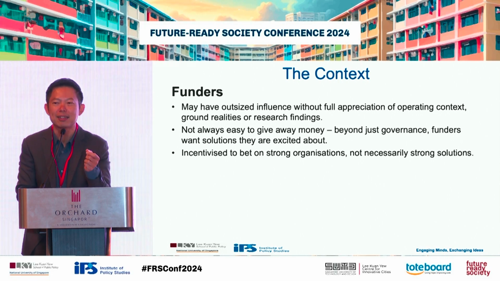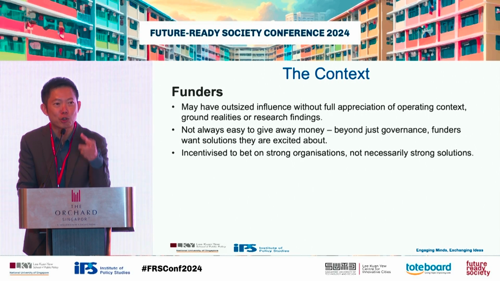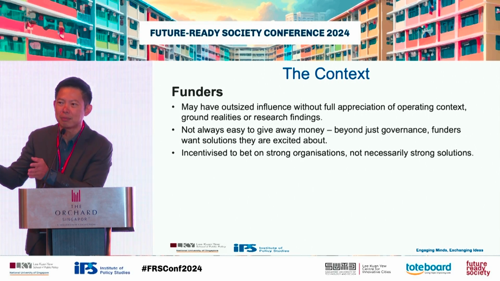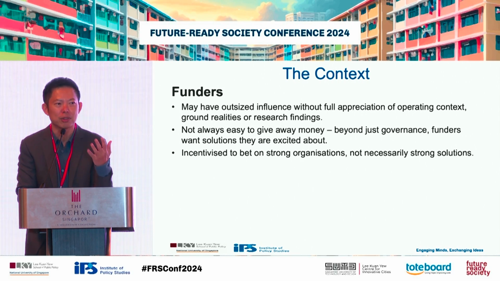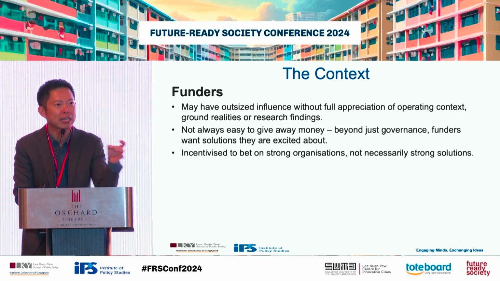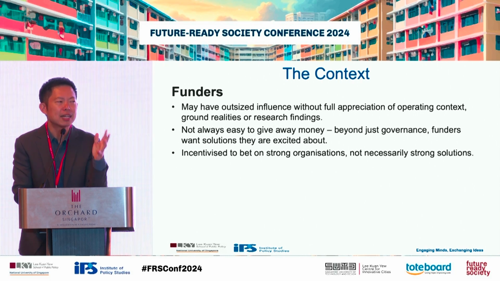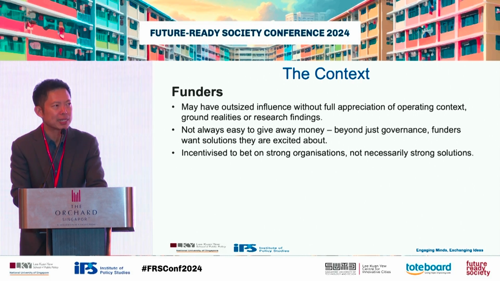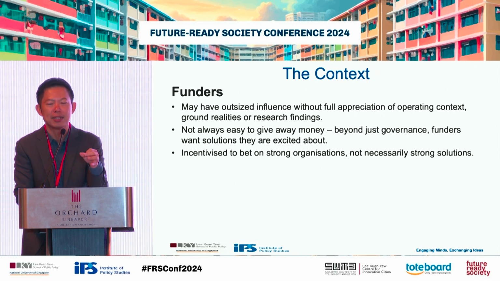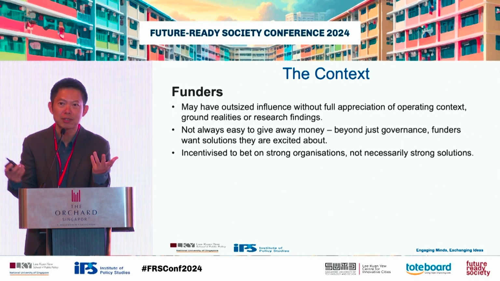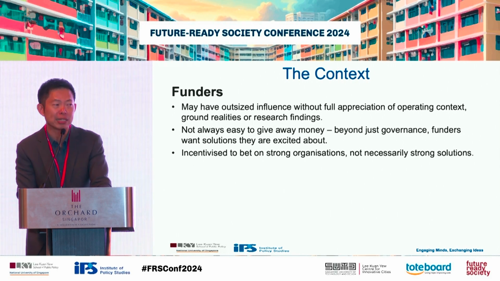And the thing is that not all nonprofits or social service agencies can invest in cooking a solution to the extent that it becomes strong, right? They may not have the bandwidth or the know-how, or they cannot afford the luxury of cooking something for six months or a year and then have it not happen. And often it feels that large funders especially are incentivized to bet on strong organizations with good reputations, because it's safe to work with them, not necessarily to bet on strong solutions, because interesting solutions sometimes come with risks.